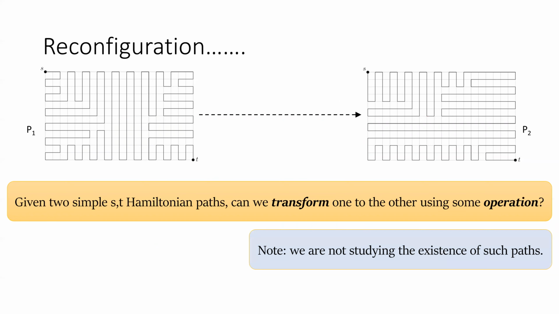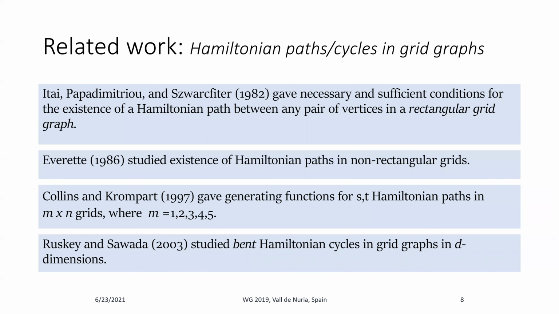We assume that we are already given the input P1 and P2 because the existence problem has already been studied by many people. For example, Itai, Papadimitriou, and Szwarcfiter gave necessary and sufficient conditions for the existence of a Hamiltonian path between any pair of vertices in a rectangular grid graph.